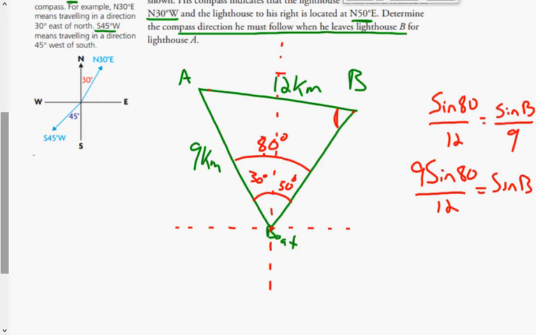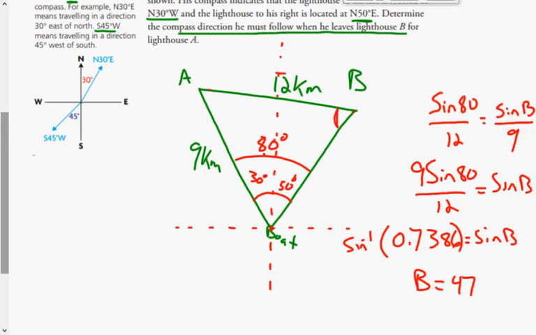So if I work that all out, I'm going to get sine of B equals 0.7386. Then I take all of that and put it to sine inverse. Once I do that, I'm going to get B equals 47.6 degrees.